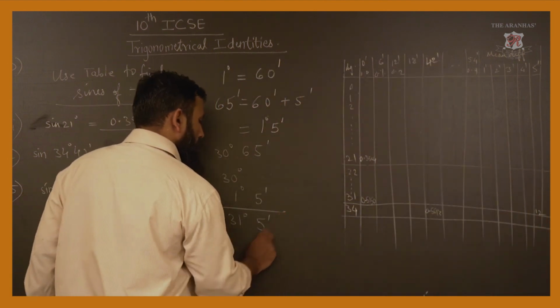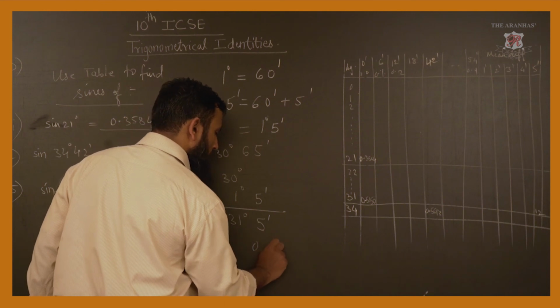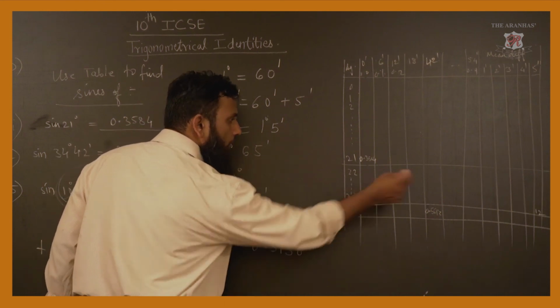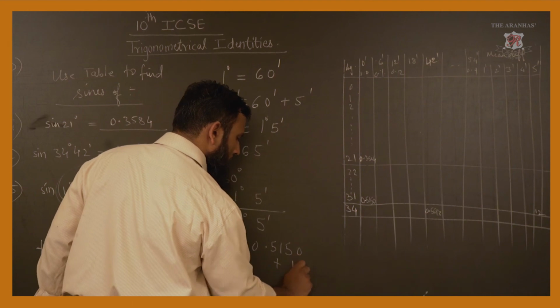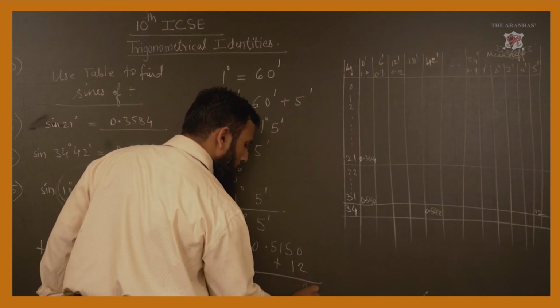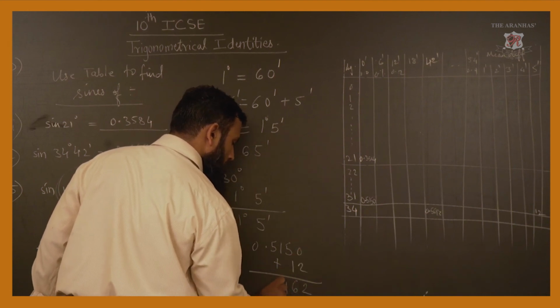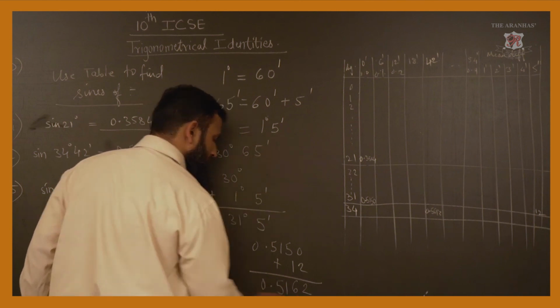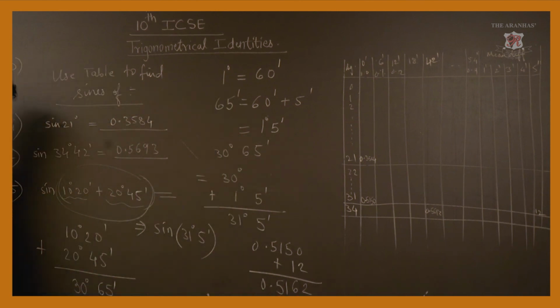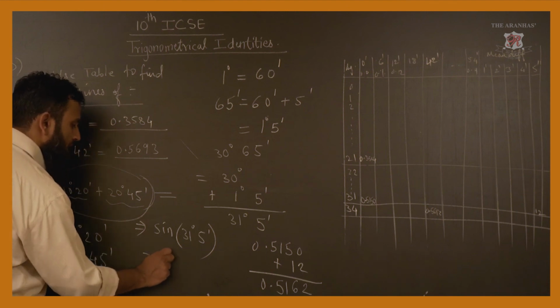So the value can be written as 0.5150 and the mean difference is 12. You have to add this here, 2, 6. So the answer comes out to be 0.5162. So this is the answer.